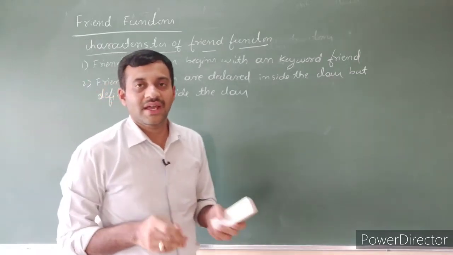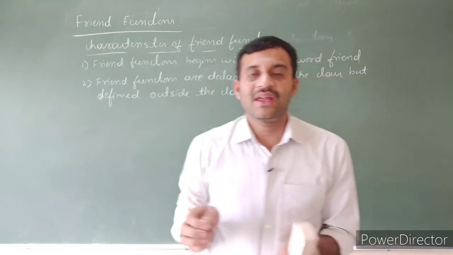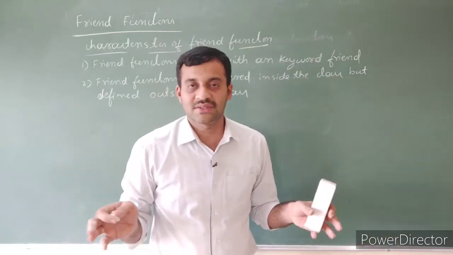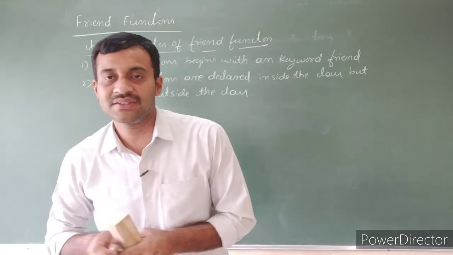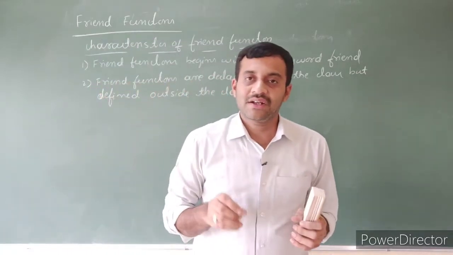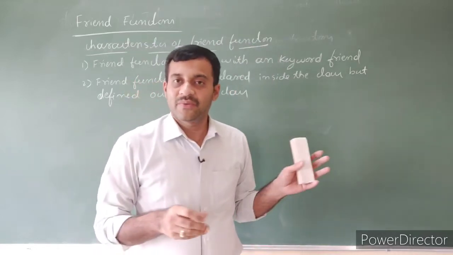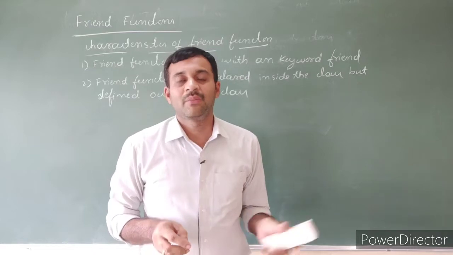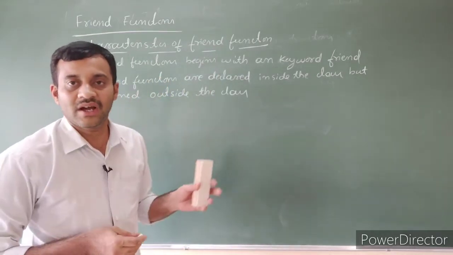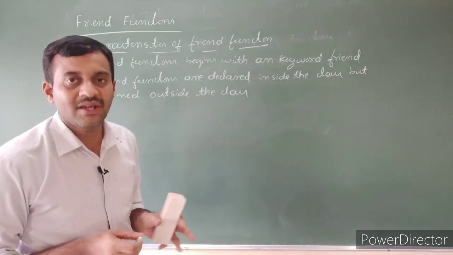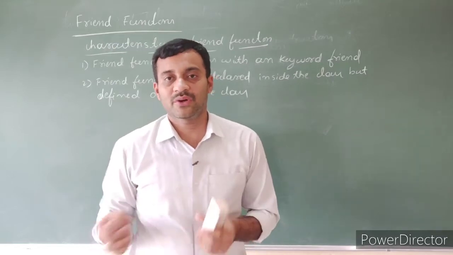If the friend function accesses the data members from more than one class, then we have to declare the friend function in both the classes, but define it only once after the declaration. We know that a program has many classes. That is one of the advantages. Then the friend can access the data members from both the classes, whether they are private or protected.